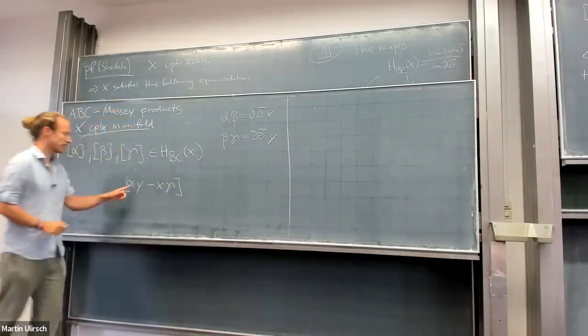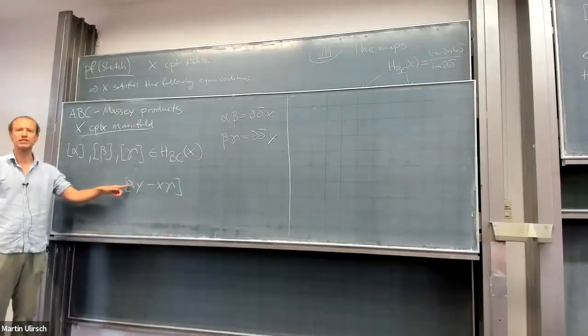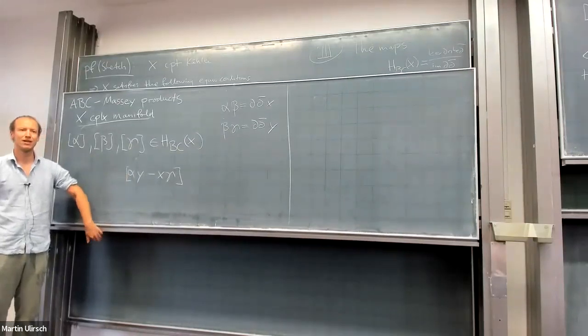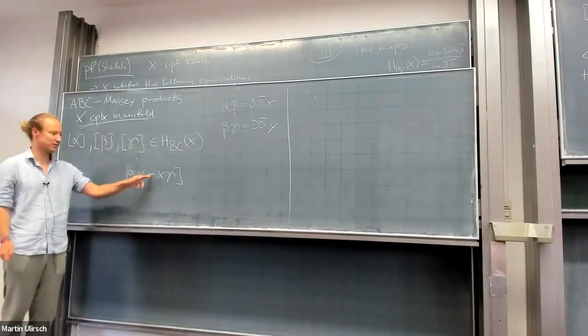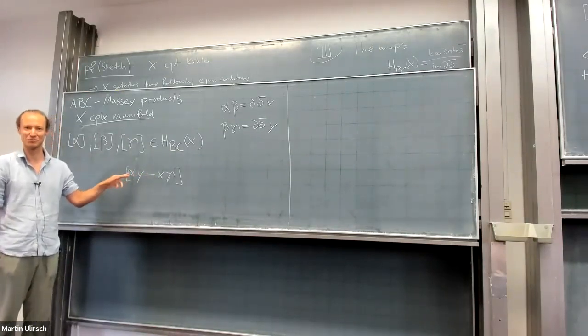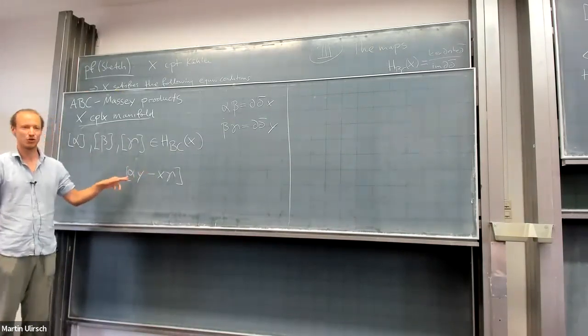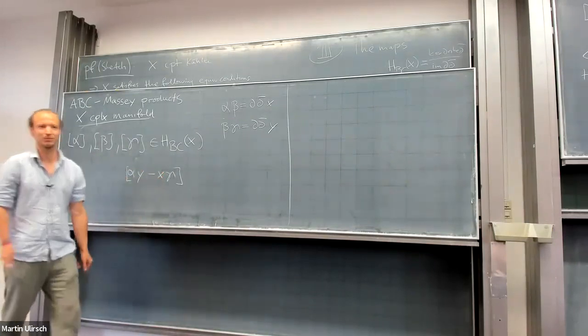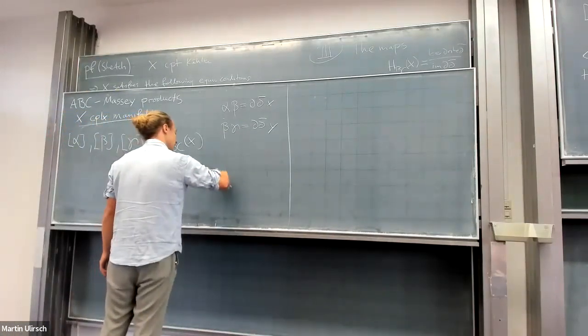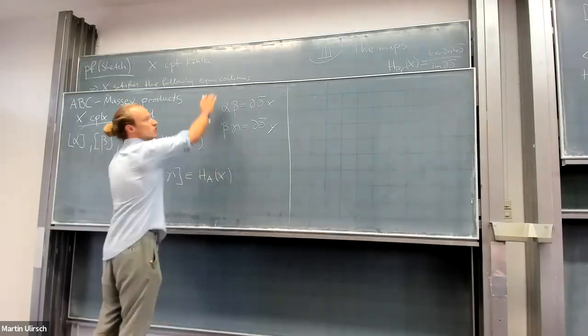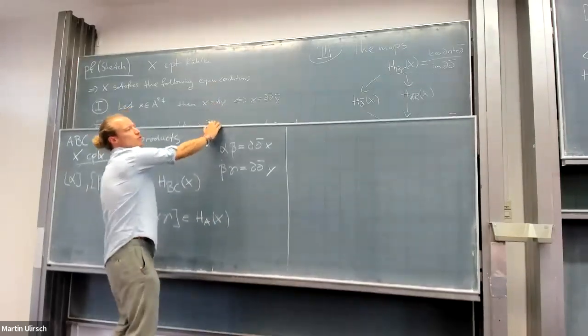And if you check, this will generally not be d-closed, but it will be del bar closed. And here we can actually always take a minus, in case you've been wondering about that. We apply the differential twice. So this is an element in Aeppli cohomology, which was some portion of the kernel of dd-bar.